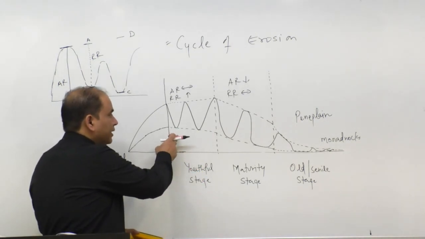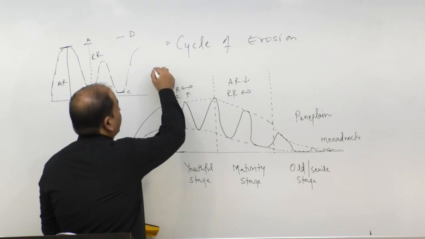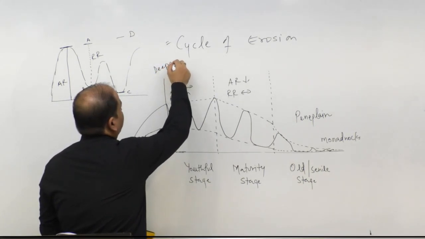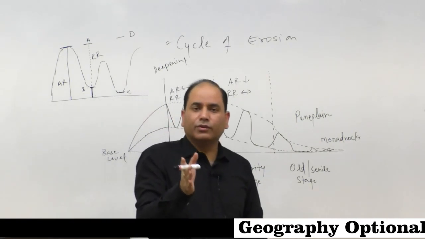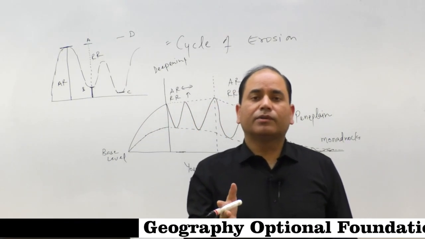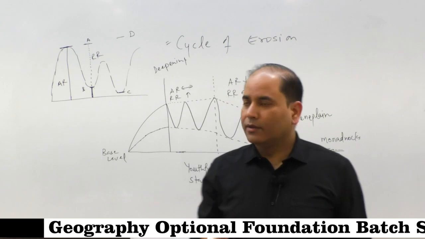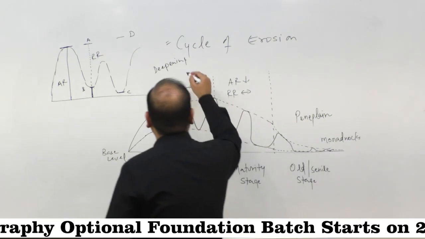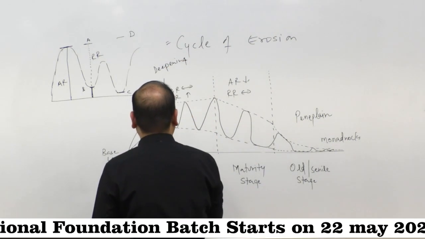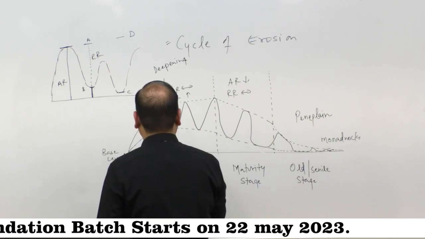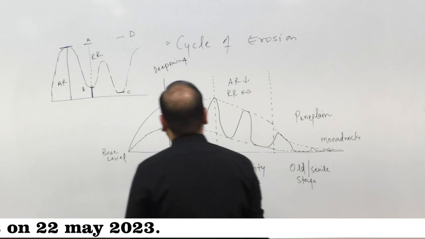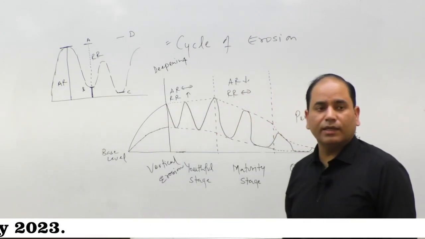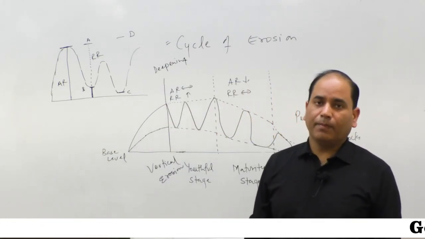In valley deepening, there are two types of erosion: lateral erosion and vertical erosion. In the youthful stage, the vertical erosion is mainly effective.